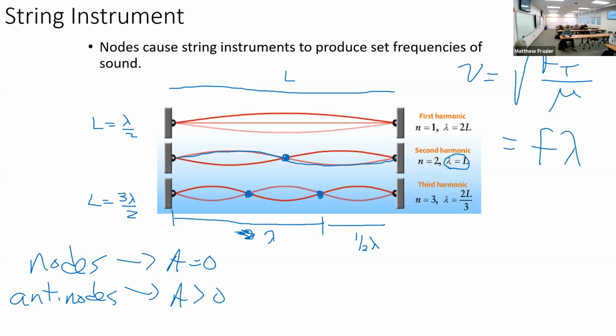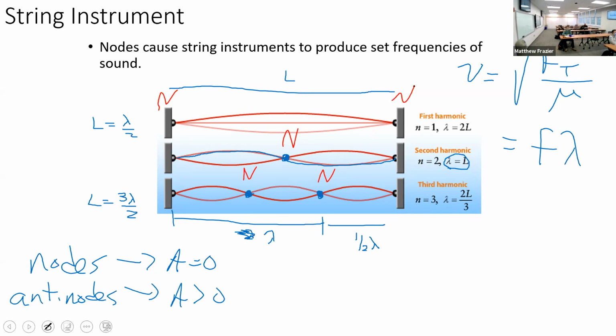They form fairly obvious patterns between two fixed points. The fixed points, the points that don't change, that have an amplitude equal to 0, are going to be called nodes. And what I'm going to do is go ahead and mark in the slides again. These points that are stationary are nodes. And then also the endpoints.